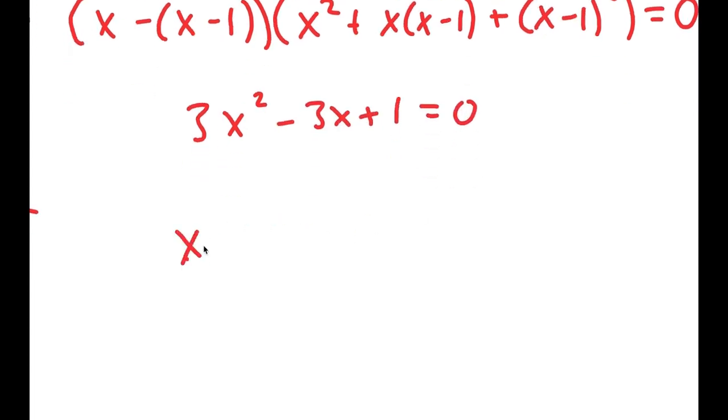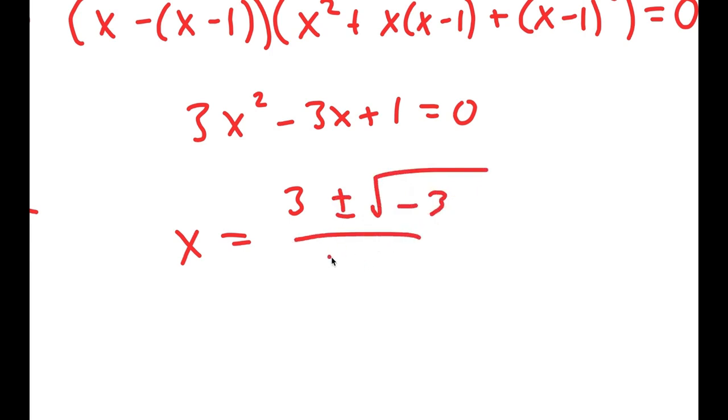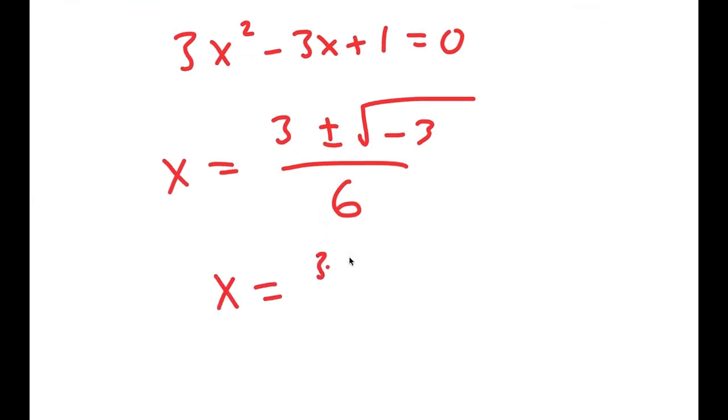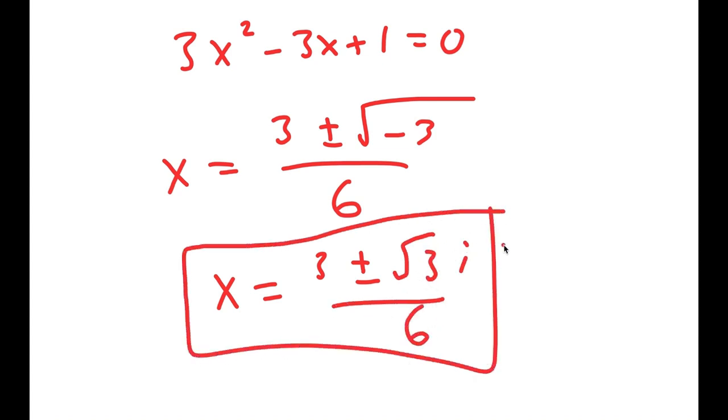And now to solve this, I can use the quadratic formula again. I don't have to write out the formula. So I get 3 plus or minus the square root of 9 minus 12, which is negative 3, over 2 times 3, which is 6. So I get x is equal to (3 plus or minus the square root of 3 i) over 6. So these are two more solutions to this equation.